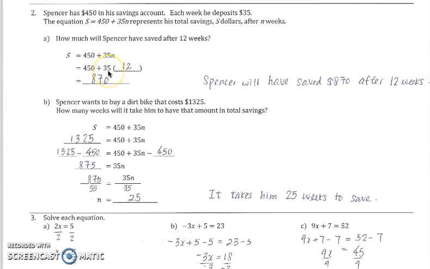Using math, you multiply 35 by 12 first, and then add 450, which gives you 870. Don't forget to write a sentence. Spencer will have saved $870 after 12 weeks.